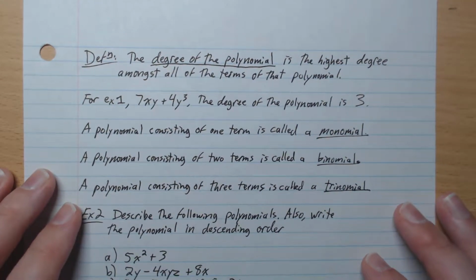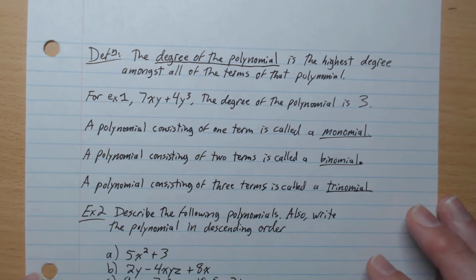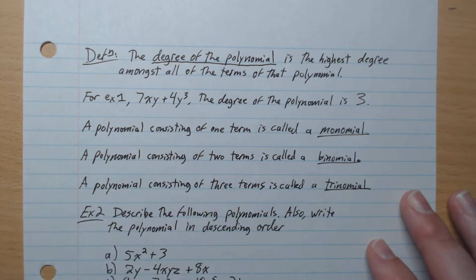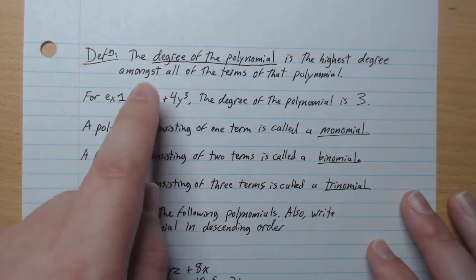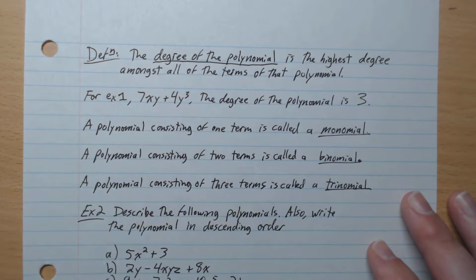Definition: the degree of the polynomial is the highest degree amongst all of the terms of that polynomial. So from our example 1, the degree of the polynomial is 3, because that's the highest degree amongst all of them. So the degree of the whole polynomial is 3.